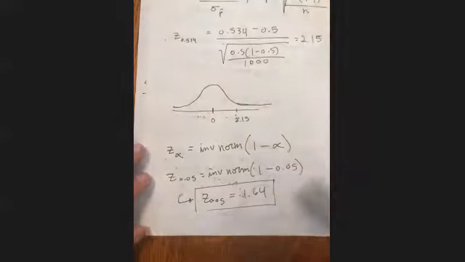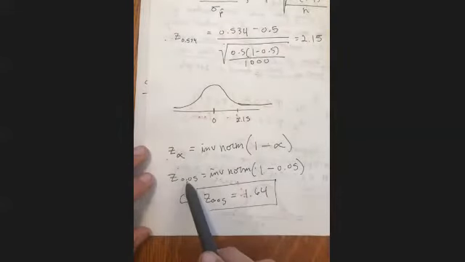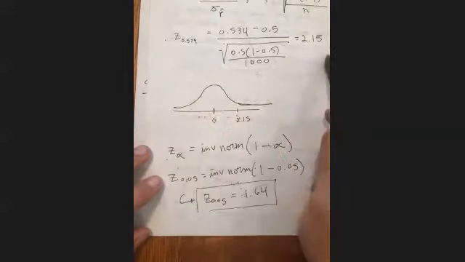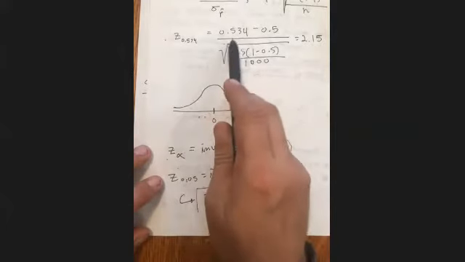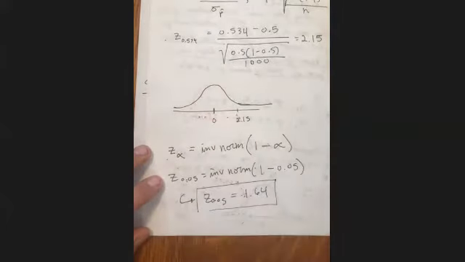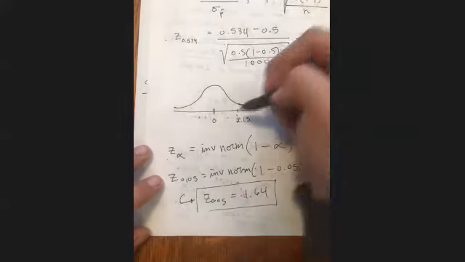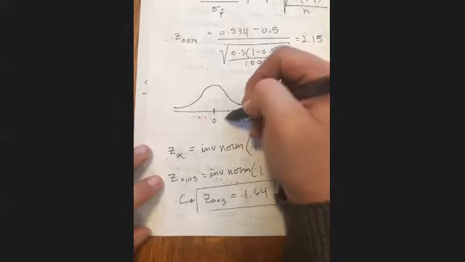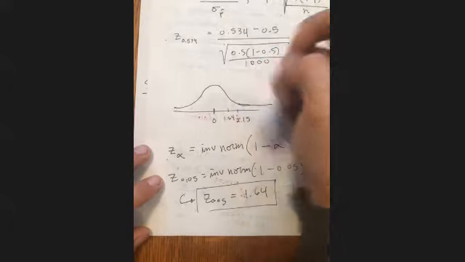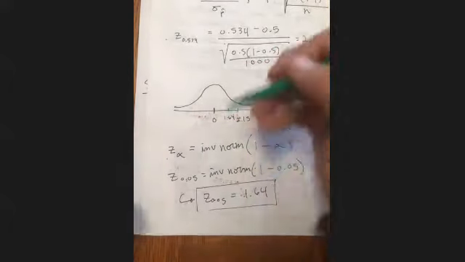Okay, so we compute the cutoff value, we compute the Z transform for the test statistic, and now we see that the cutoff point is 1.64, which is going to be somewhere right here. So what do we find?